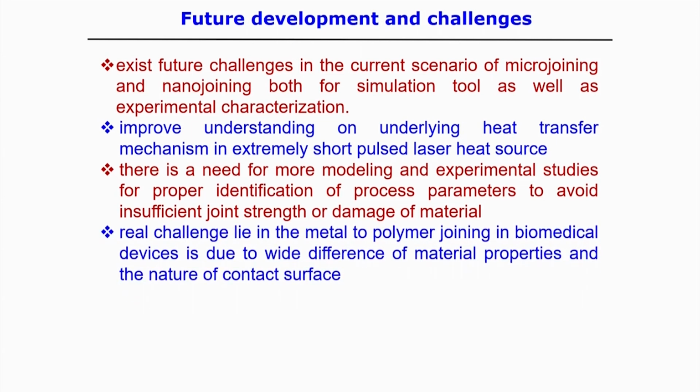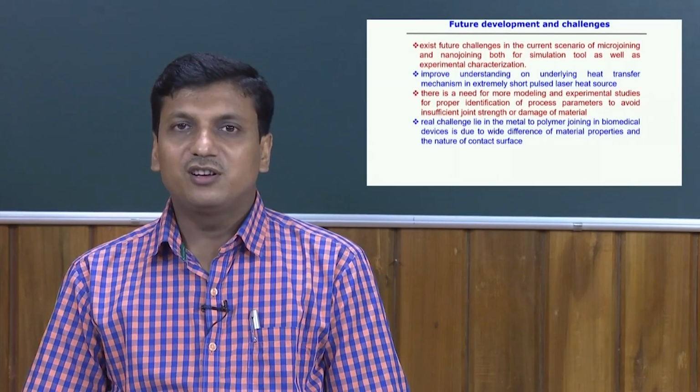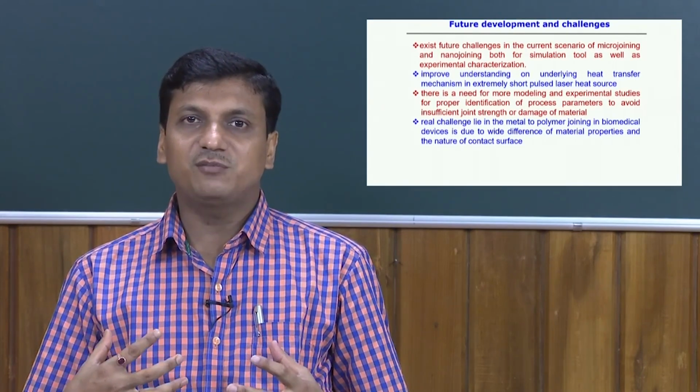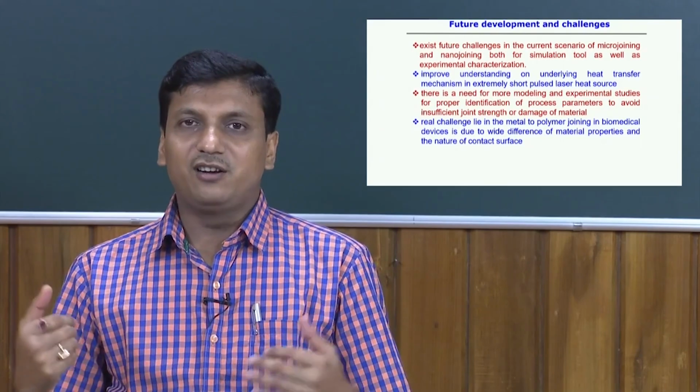But the real challenge in metal to polymer joining in biomedical devices is due to the huge difference in their material properties and the nature of the contact surface. So, we need to investigate more in this specific area, metal to polymer, because most biomedical and medical instruments, devices, and implants need a combination of metals and non-metals joining.